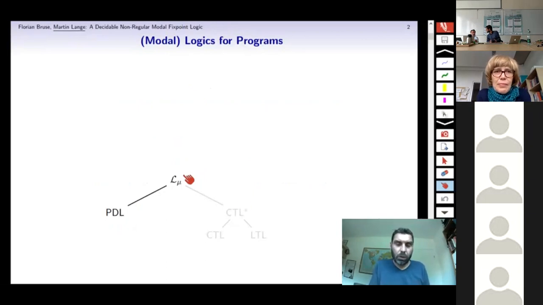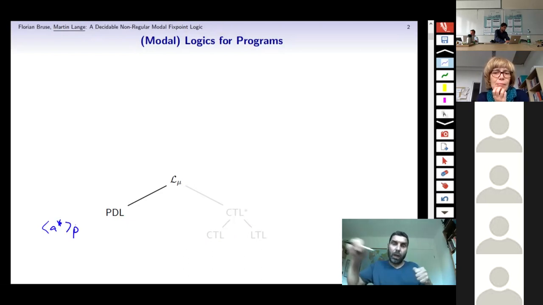There are also other logics, like CTL star, which might help you put this in place, but they don't play a role here. In this talk, we focus on these PDL-like logics where you write things like diamond A star P, saying there is a path along some A transitions to a state that satisfies P. And the modal mu calculus, where I express these things using fixed points.